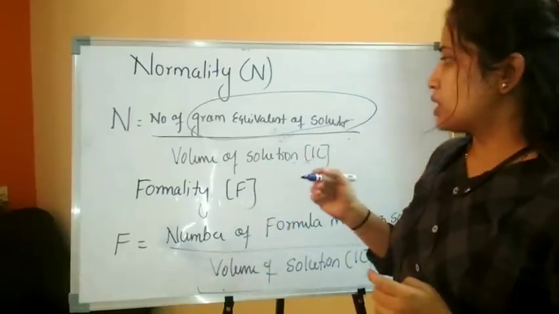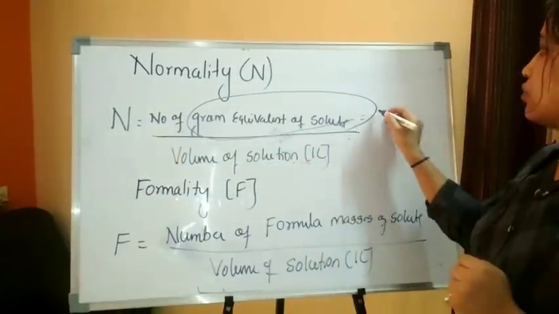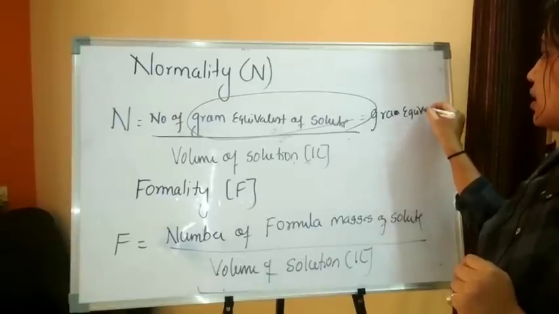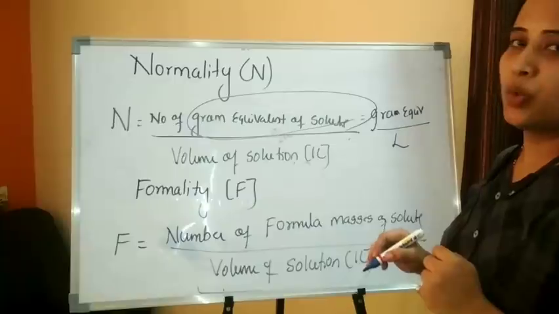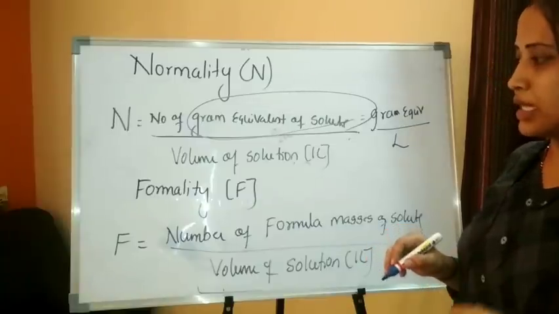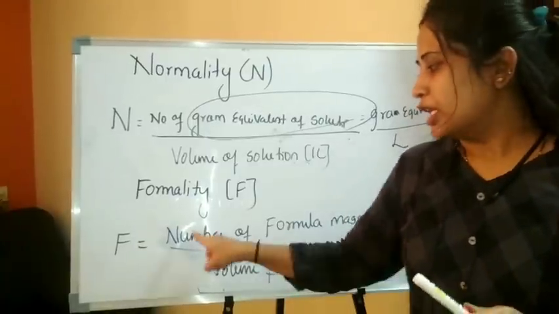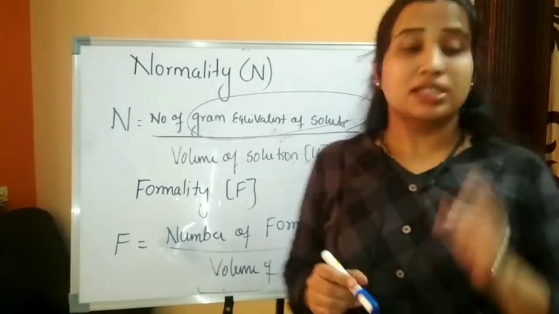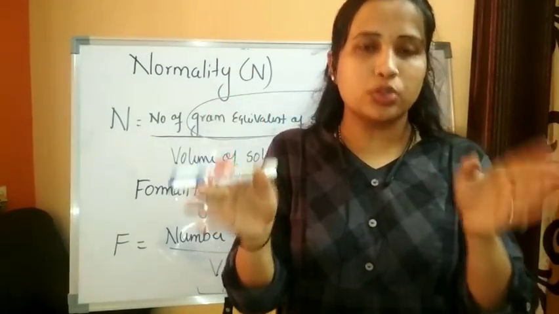So the SI unit for normality I can write over here as gram equivalent divided by liter. Now what do you mean by formality? It is the number of formula masses of the solute. One point I want to clear here is that formality and molarity are almost one and the same.